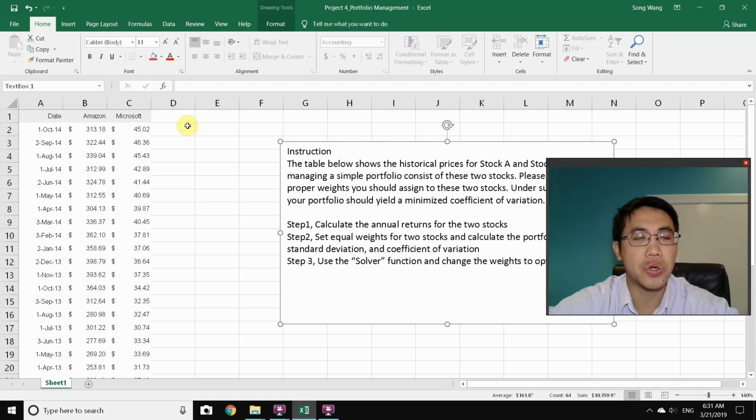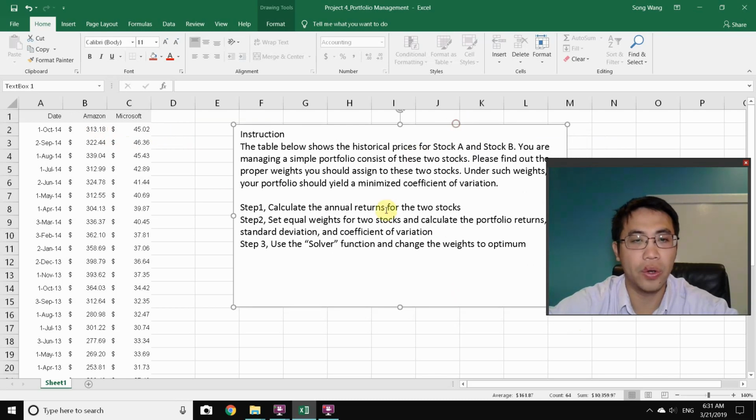And then you need to create a portfolio with an equal weight to both stocks. So you're going to put 50% of your investment in Amazon and the other 50% in Microsoft. And upon the construction of the portfolio, you will need to calculate the returns, standard deviation, and coefficient of variation for the portfolio, and also do it for the individual stocks if you like.